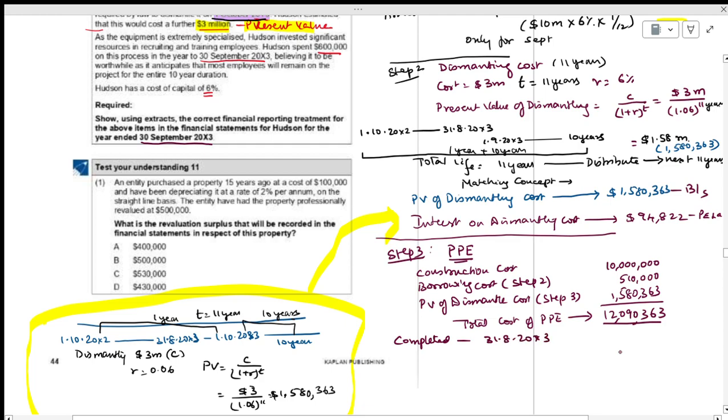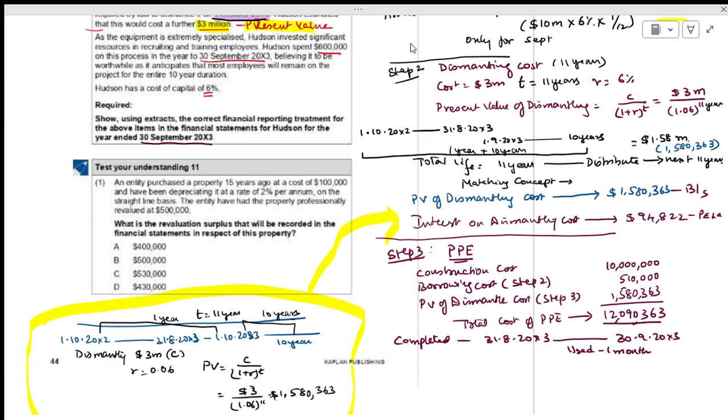Is it right? Now, from 31st August, they are asking us 30th September 2003. They have used this asset for how many months? They have used it for 1 month. When they have used it for 1 month, we have to calculate depreciation for 1 month.